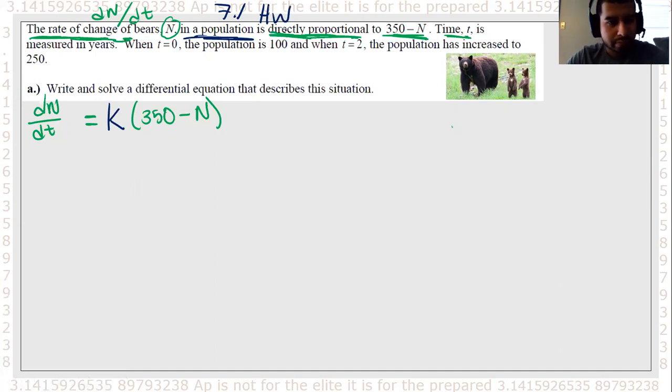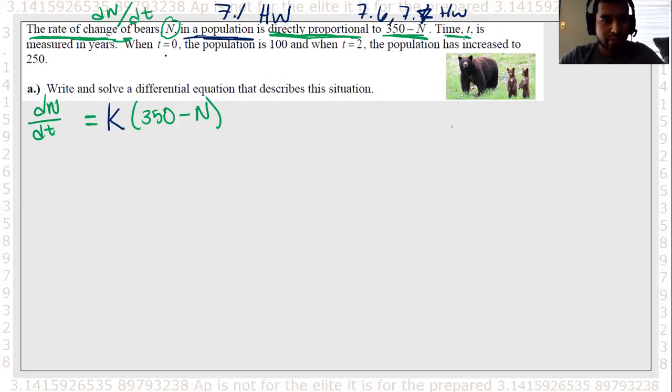The next thing we're going to do is the same procedure: separate the variables and integrate, just like we did in the 7.7 homework.